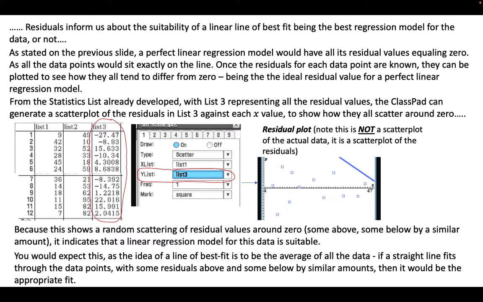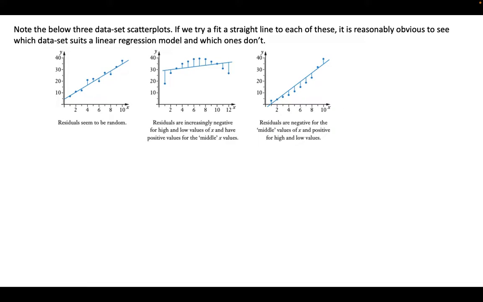So you'll have some data above, some data below, about as many above as below. So the residuals will look like a random scattering of as many above as below the 0 line, and that would indicate a good linear model. So you're looking for a random scattering of your residuals on your residual plot to tell you that a linear model is the best regression model for the data.